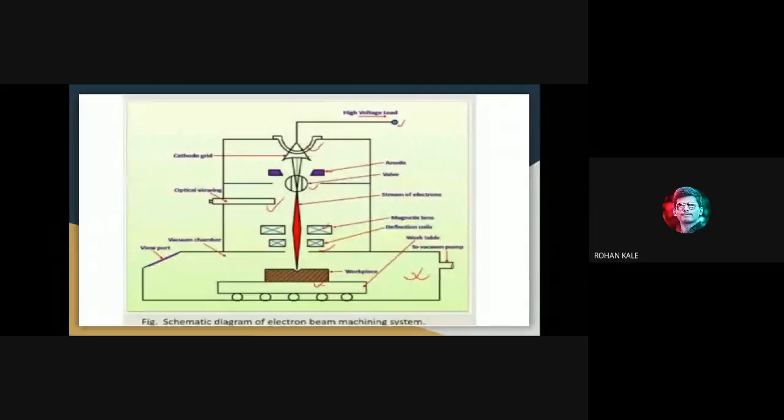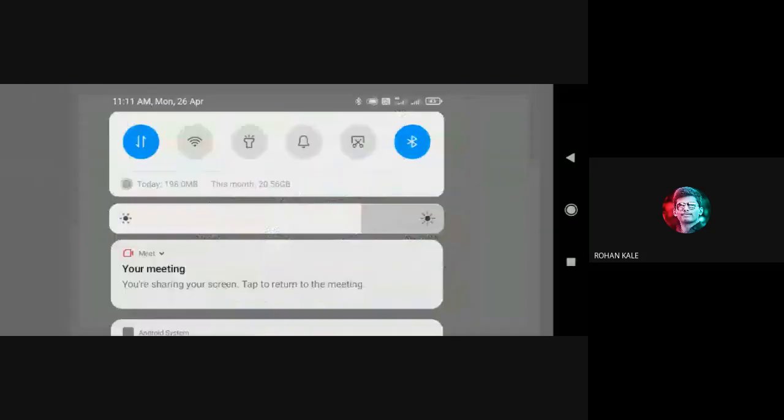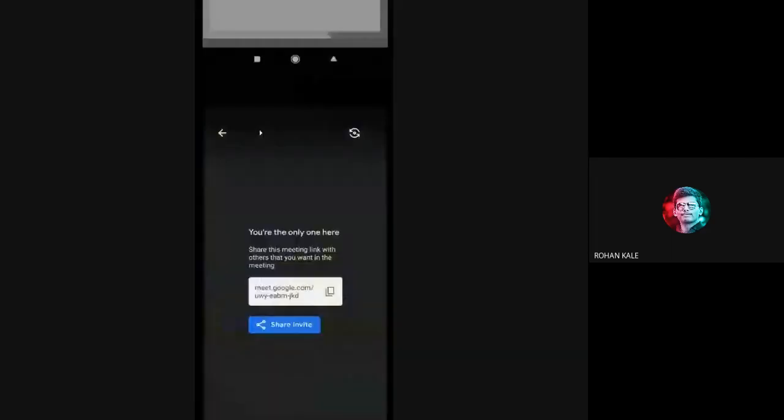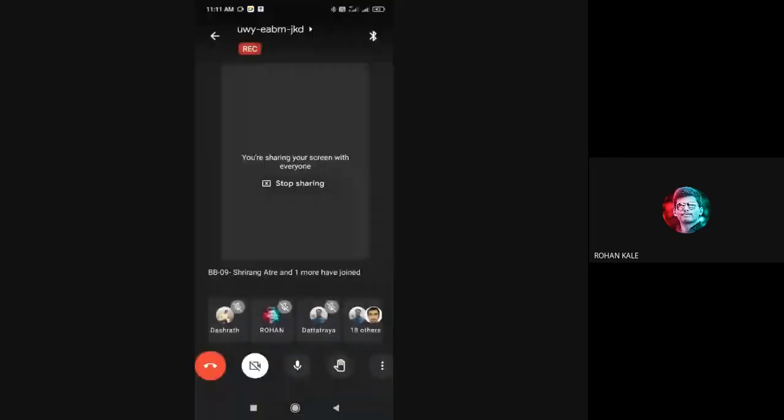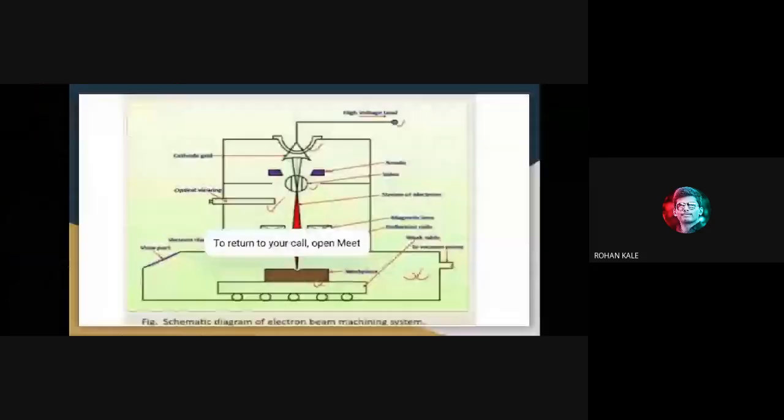Also, this cathode is a tungsten cathode. Tungsten cathode is used. In this schematic diagram of the electron beam machine, you can see the cathode grid is there. That is the filament.